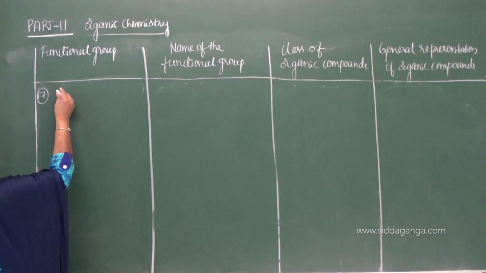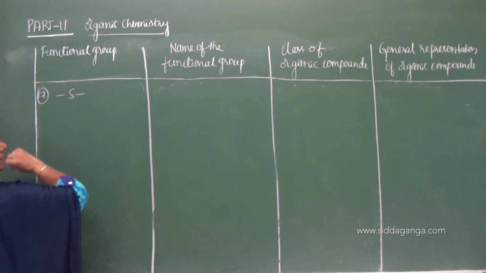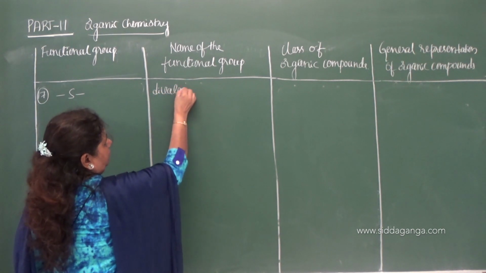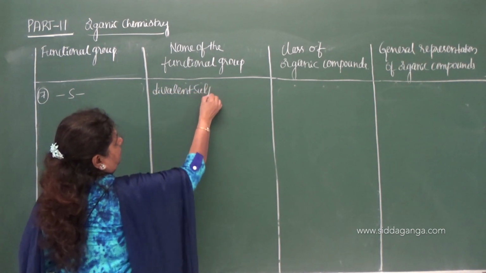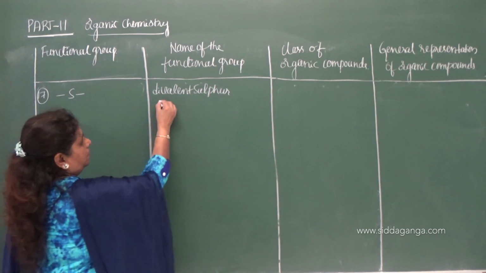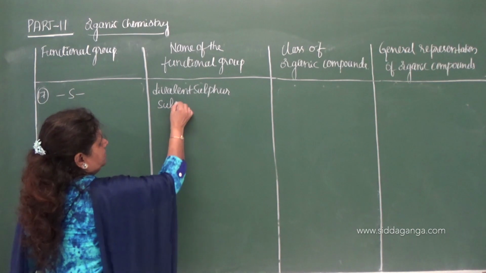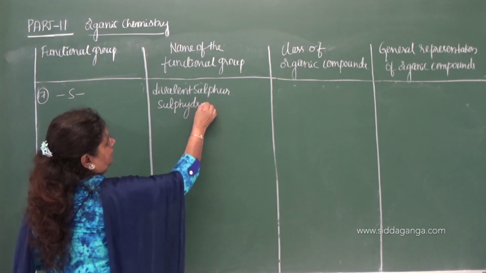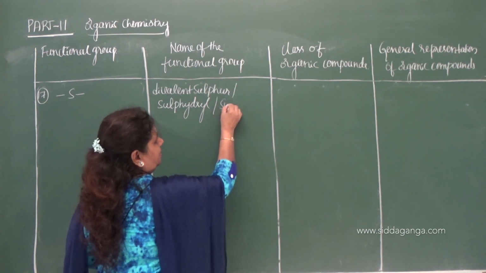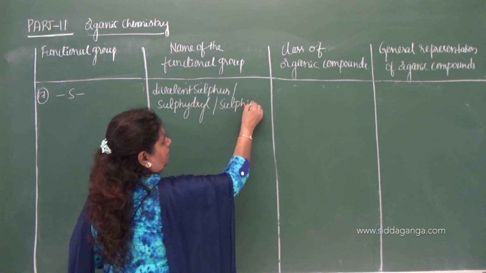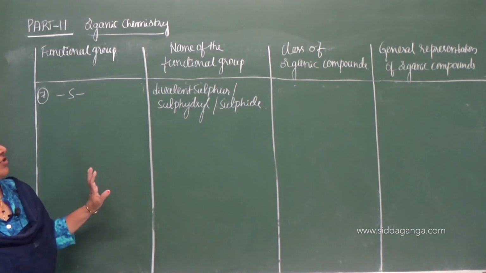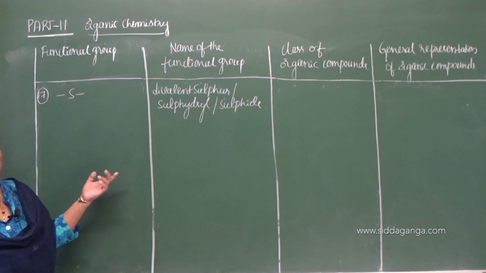So here, S is nothing but divalent sulfur, or you can also name it as sulfhydryl, or sulfide. Yes, if the divalent group is there, you can name it as sulfide.